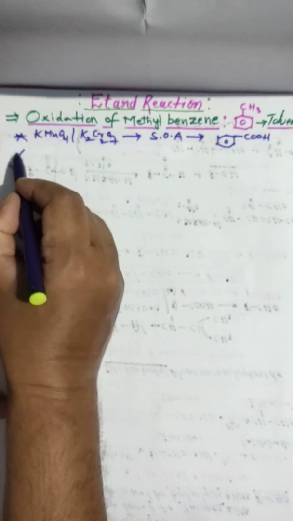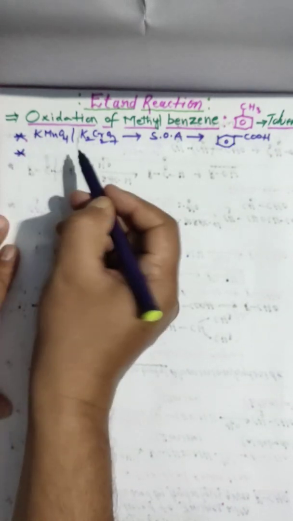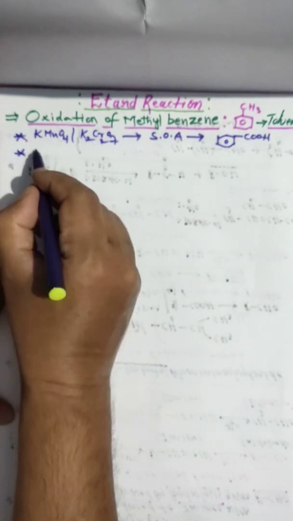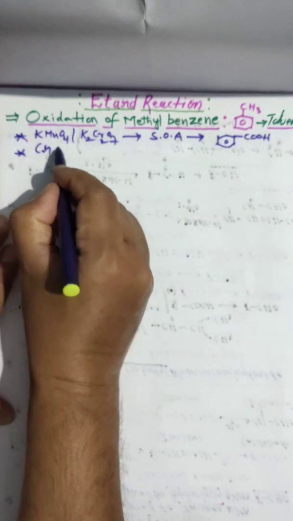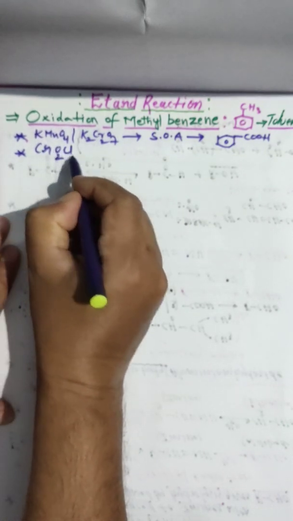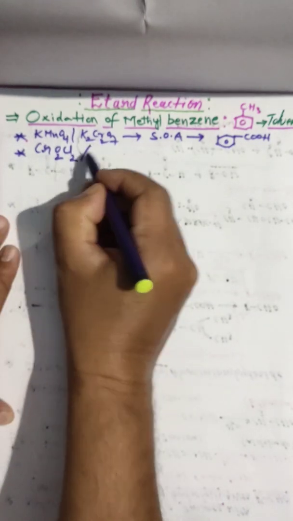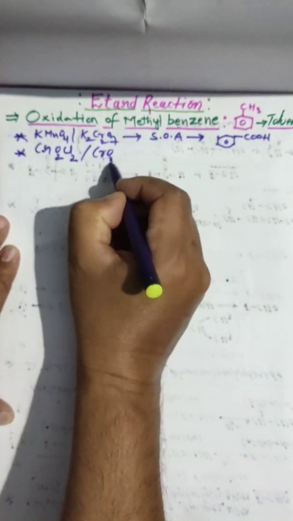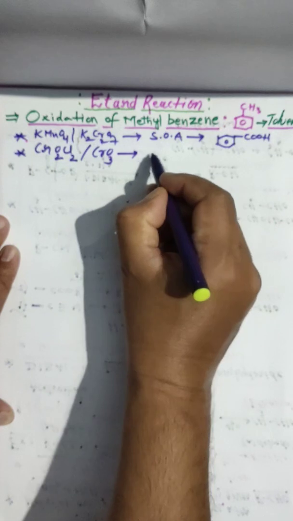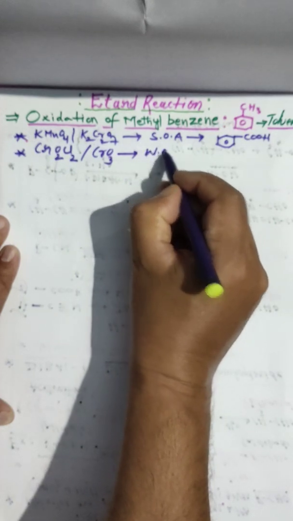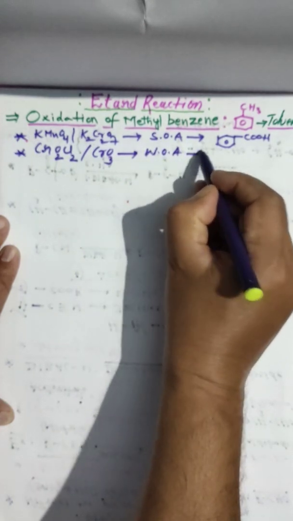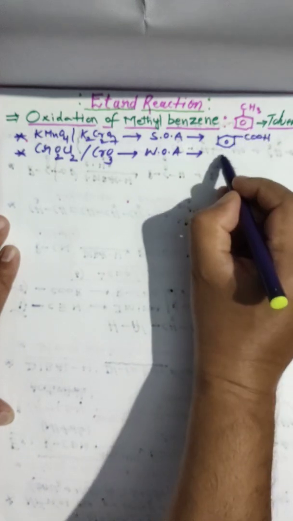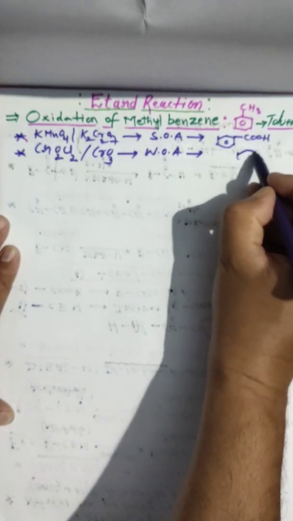That's why we have to use some other oxidizing agents like chromyl chloride, CrO2Cl2, or CrO3, chromic oxide. These are weak oxidizing agents which can oxidize methyl benzene to benzaldehyde.